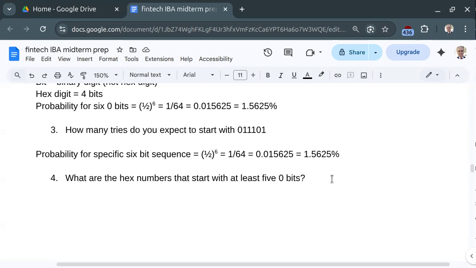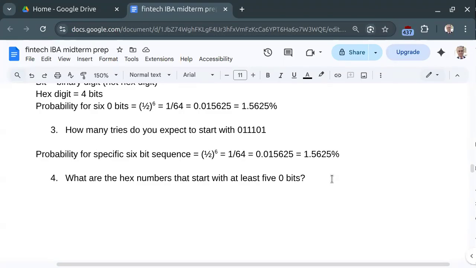Because remember, the output of the hash function, when we look at it, is basically a hex. And we may want to be able to recognize numbers with at least 50 bits, but instead of looking at them in binary format, we look at them in hexadecimal format. So we are being given hexadecimal numbers, and we are asked what are the hexadecimal numbers that start with 50 bits if converted to binary.